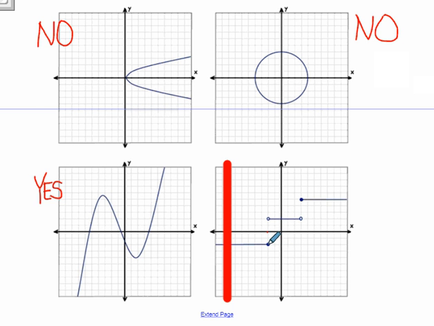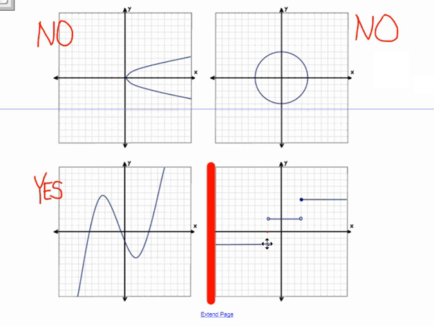But this is a closed dot, which means this line does exist here at x equals -2. But because this is an open dot, it does not exist here. So actually, when I hold my pencil here at x equals -2, I am hitting this line, but I'm not hitting this line. Same is true here.